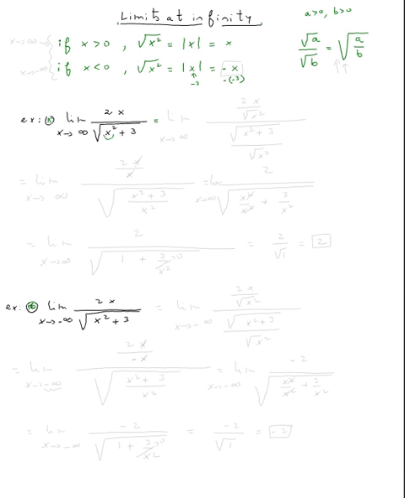So what we do here, limit as x approaches infinity, you'll see, this is just a trick. Every time you have a radical, this is going to be the trick. So we divide by the square root of x squared. In other words, our intention is to divide by x squared inside a radical.